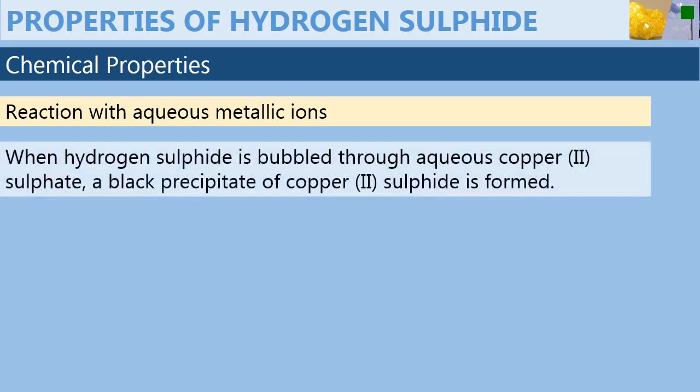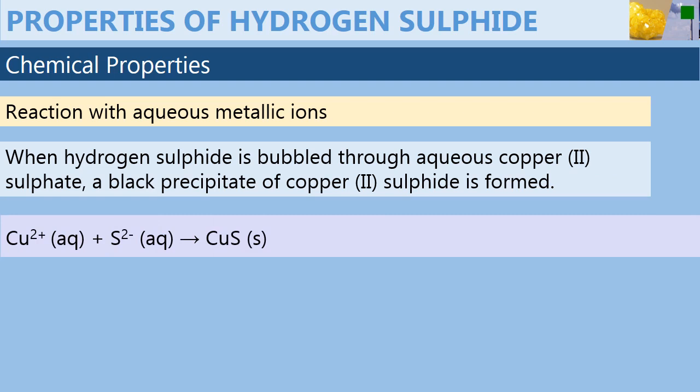For example, when hydrogen sulfide is bubbled through aqueous copper 2 sulfate, which is blue in color, a black precipitate of copper 2 sulfide is formed. The equation for this reaction is given here. This represents the ionic equation.